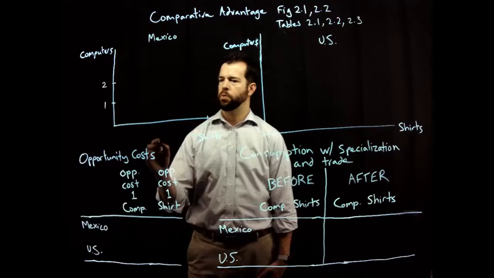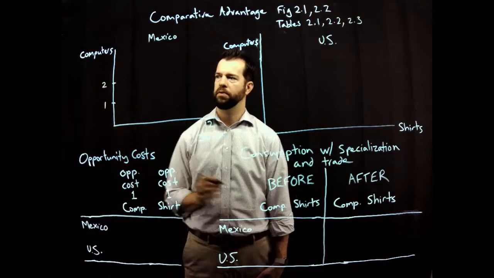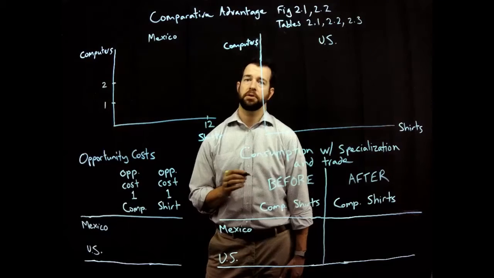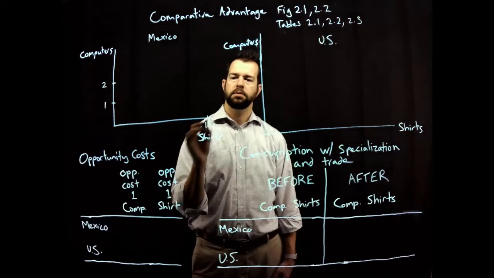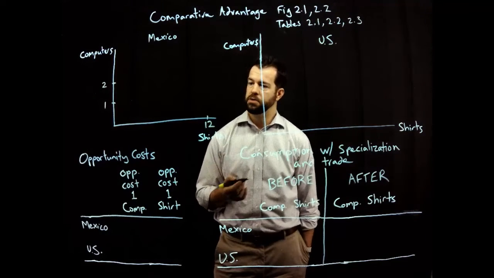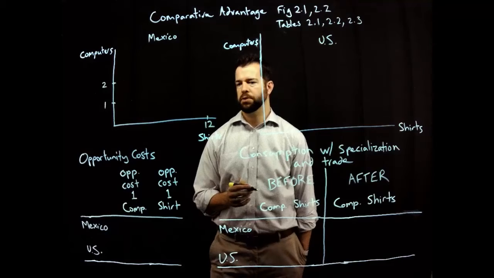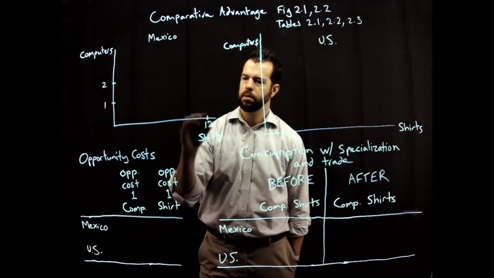And so we will connect what is possible if all the resources of Mexico go towards making computers with what Mexico can produce and consume if it devotes all of its resources and technology to making shirts.